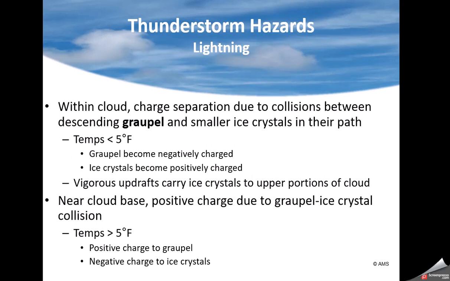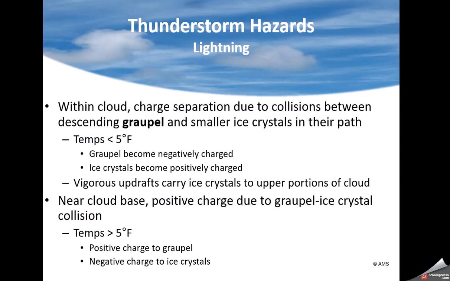So, an interesting little bit on lightning. You would think lightning was caused by air moving against each other. I always thought that originally, but lightning is not really that way. Graupel is like a mix of ice and water, kind of a mix of the two. If the temperature is less than -5 degrees, graupel becomes negatively charged and ice crystals become positively charged.